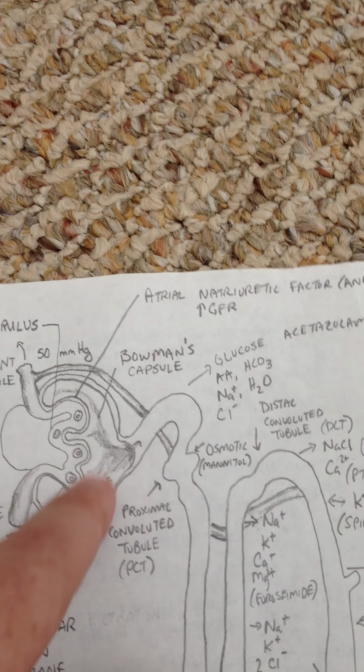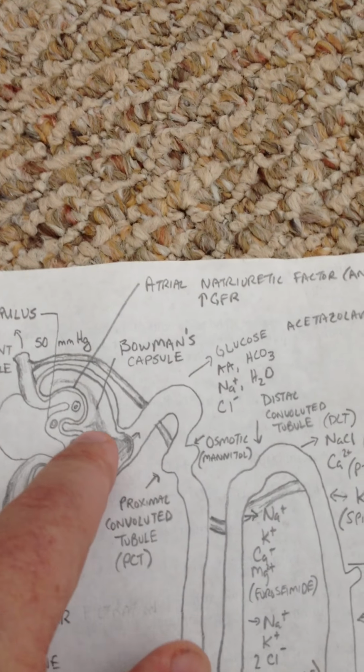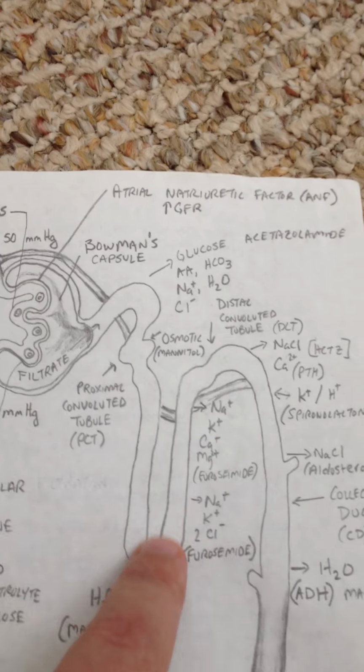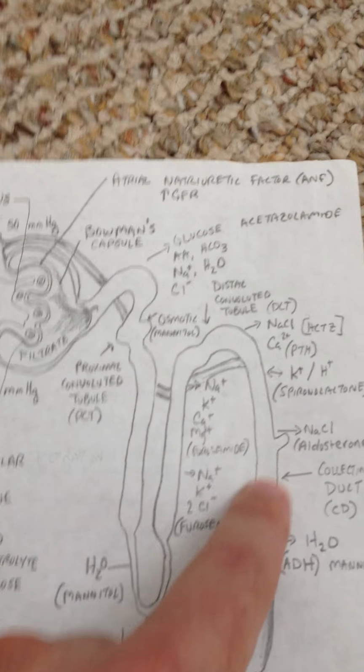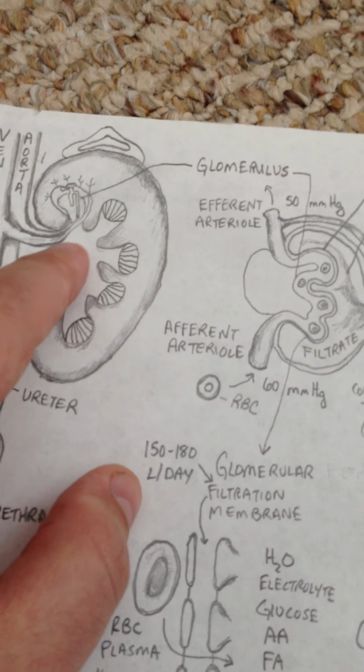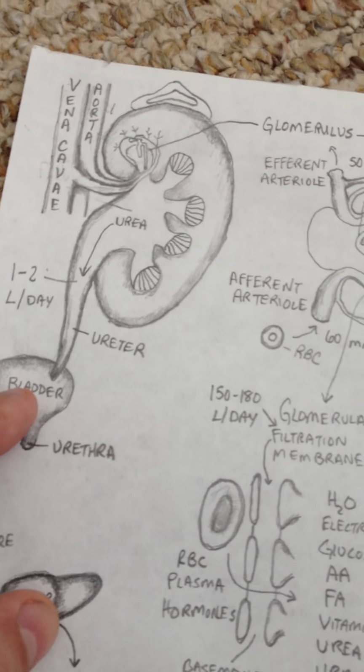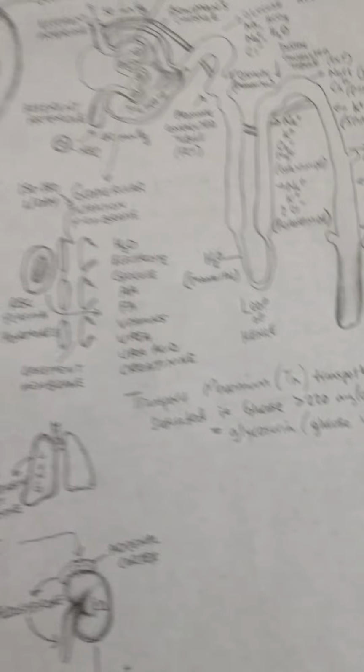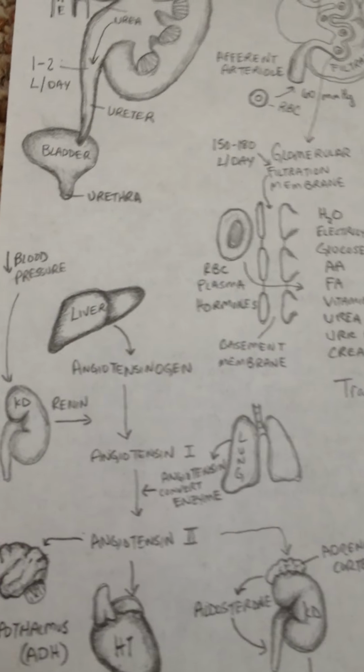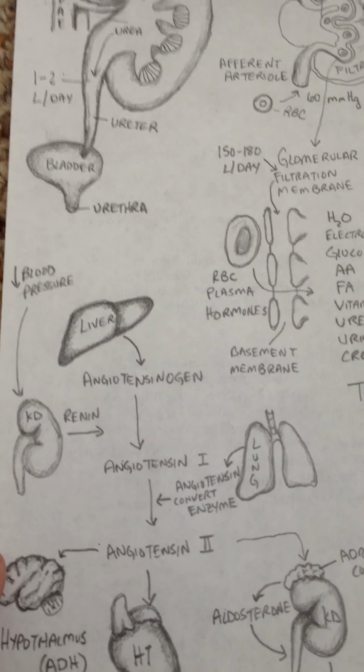We take all the stuff out of the blood and then we reabsorb it through the collecting tube. What we don't reabsorb is all waste and urine. And mainly that is going to end up right here to then go to the bladder, and then we can discharge it. So is there much that we need to know about that? That is the main way that we need to know.